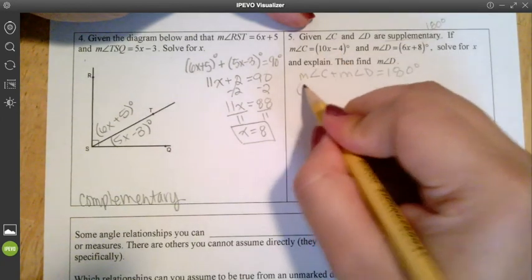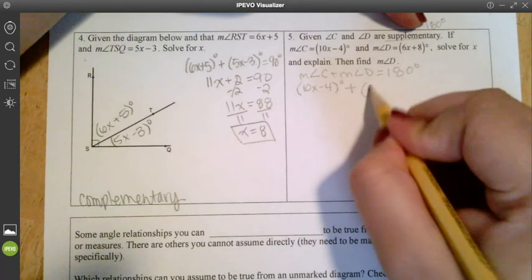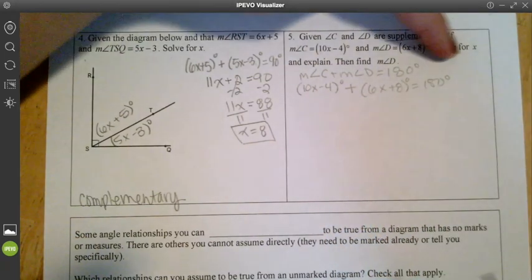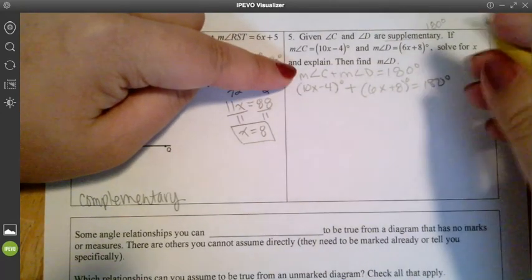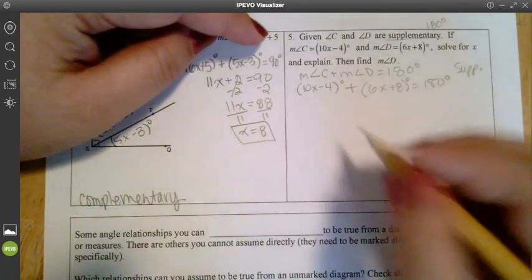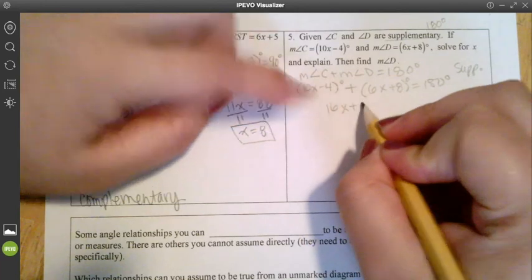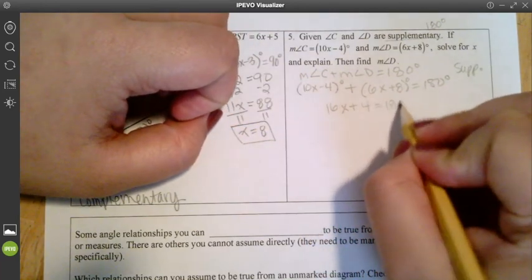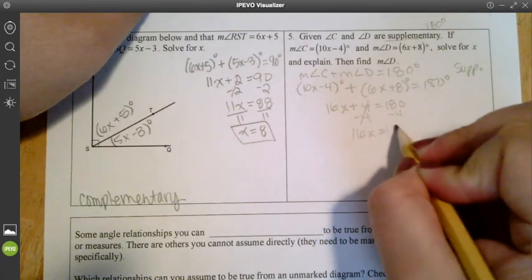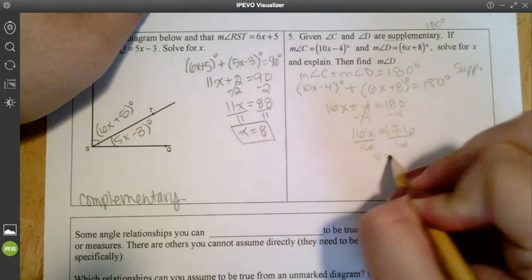So now we have 10x minus 4 plus 6x plus 8 equals 180. We want to solve for x and explain. 10 plus 6 is 16x. Negative 4 plus 8 is plus 4. Equals 180 minus 4. 16x equals 176. Divide by 16, that is 11.